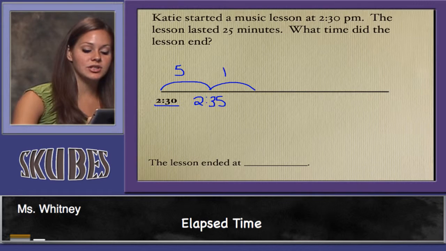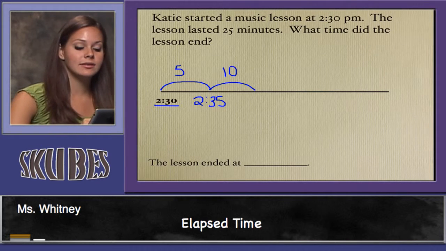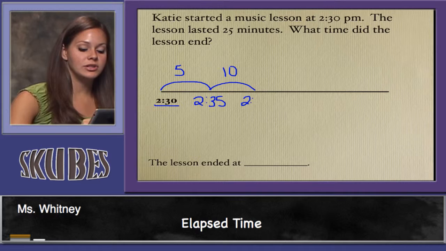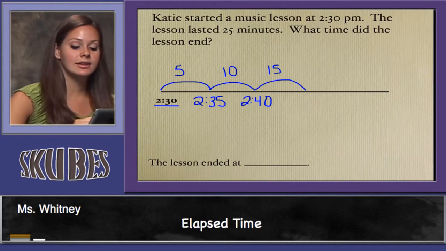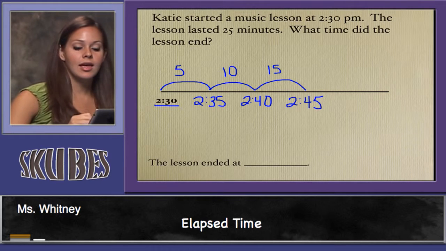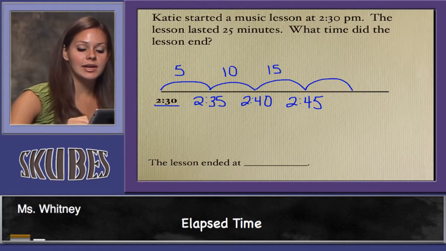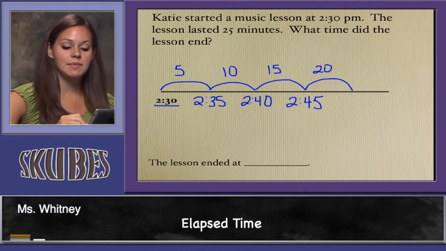Another 5 minutes, which is a total of 10 minutes. It will be 2:40. Plus another 5 minutes, which is a total of 15 minutes past. It will be 2:45. Another 5 minutes, which is a total of 20 minutes past.